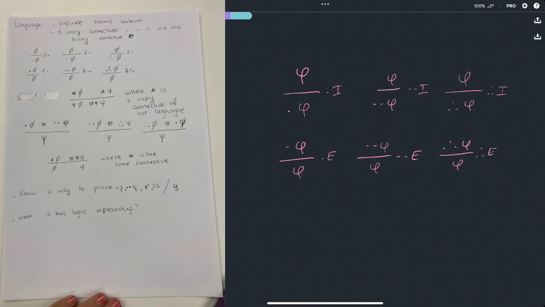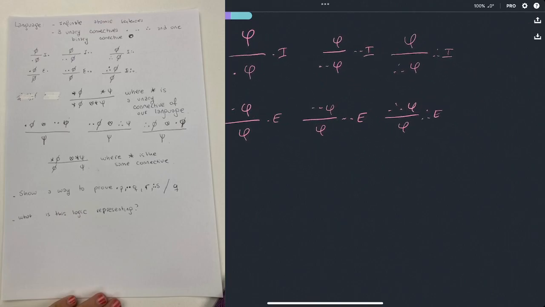That starting bunch of rules seems relatively straightforward. Note that all these rules are harmonious. If we had a detour, if we introduced one of these connectives and then immediately eliminated it, we could just skip over the connective entirely. That's a nice thing to see.